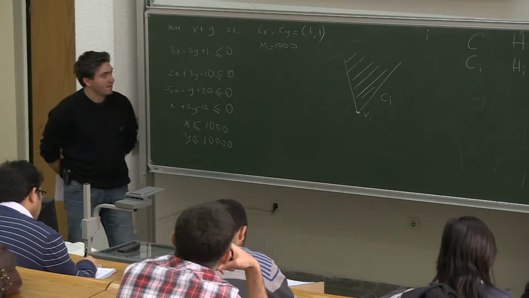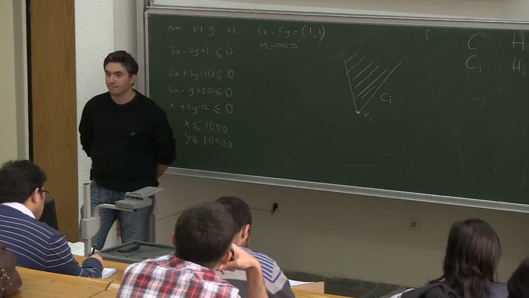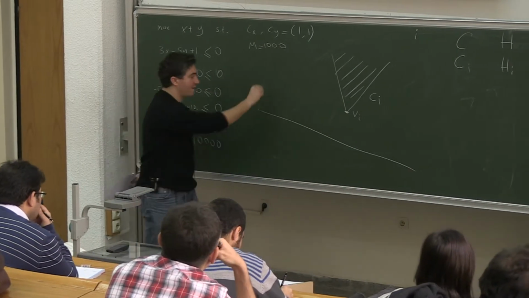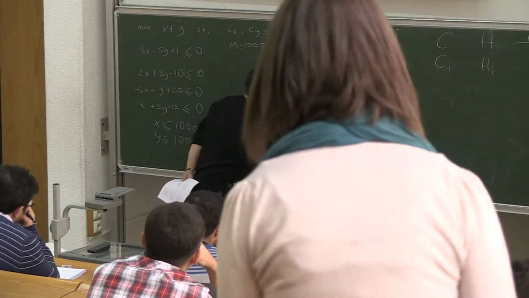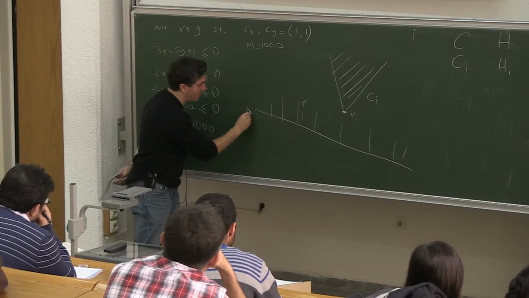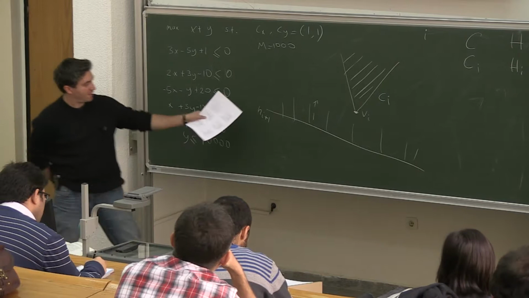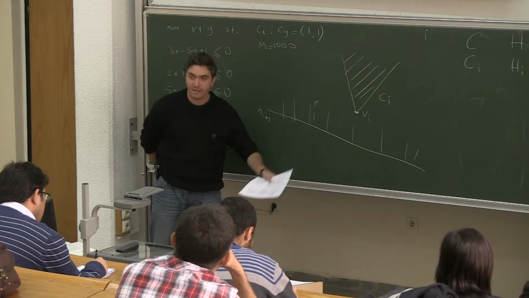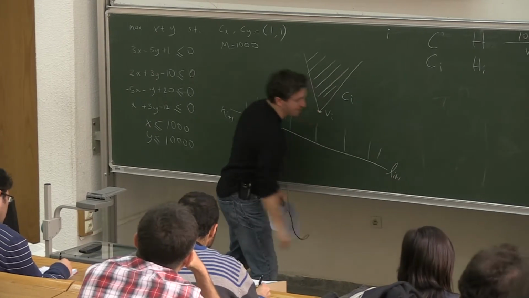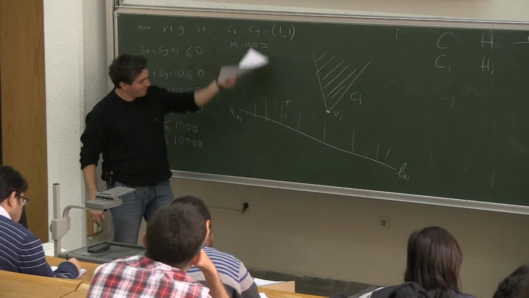Now, let's consider what will happen if I add a new half plane. If this half plane is like this, the upper part is the feasible region of this half plane Hi plus 1. The I plus 1 constraint, I'm going to name its line Li plus 1, the bounding line of this half plane Hi plus 1.